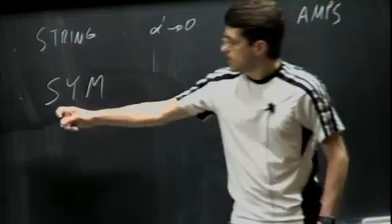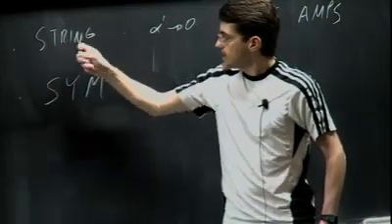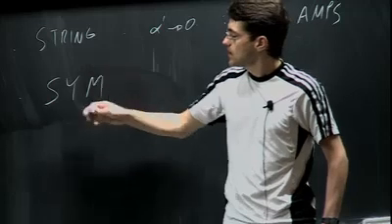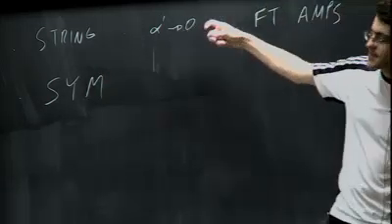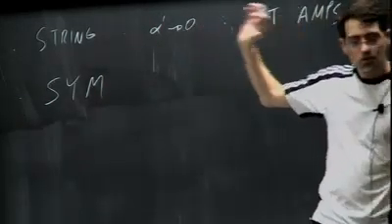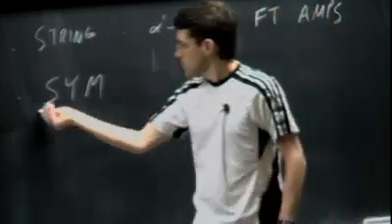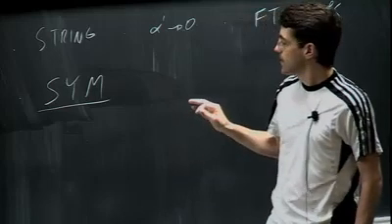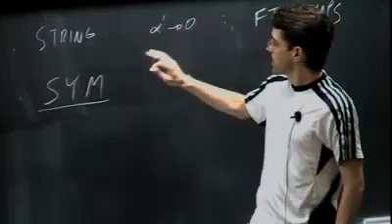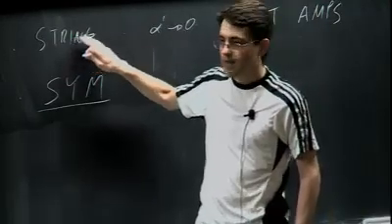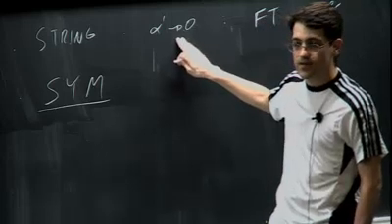So let's see what we can do regarding this one. You may think it is strange that I'm going to discuss superstring theory amplitudes before computing the string amplitudes and then setting alpha prime to 0.